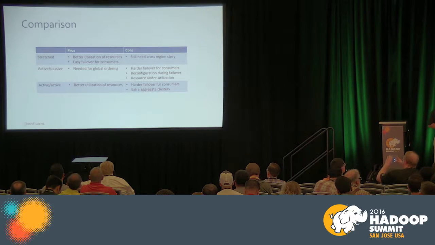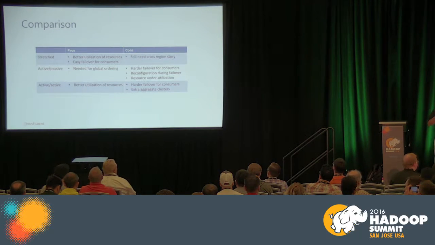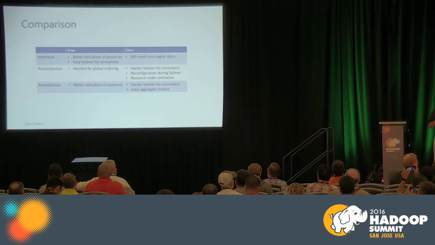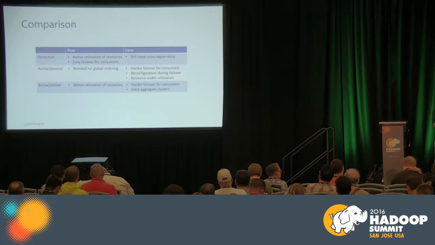This is just a slide that shows you the comparison among all the strategies. We talked about stretched, active-passive, and active-active. With stretched, it's easy for the consumers, and you also get pretty good utilization of resources. You still need some other solution for dealing with the cross-region stuff. Active-passive, sometimes you definitely need that because if you want to guarantee some global ordering, for example, all the data are produced from a database and you want to make sure they are sent into Kafka in that order, then you have no choice but to do that in one data center.